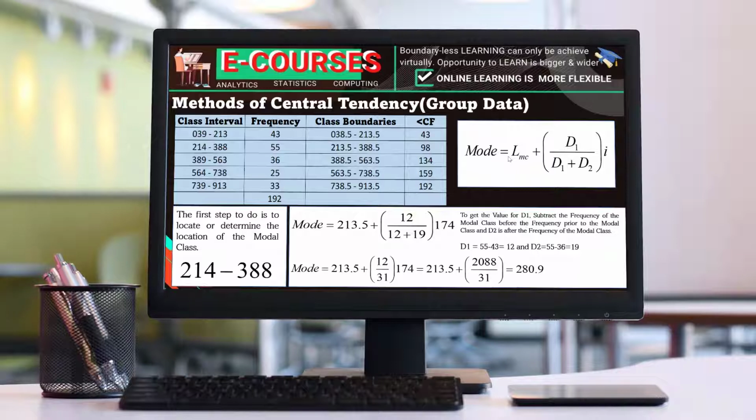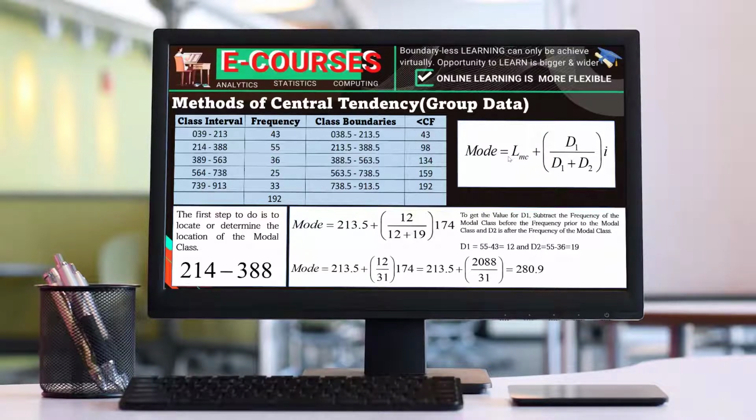Then add that to 213.5. The mode of the distribution is 280.9, or simply 281. Again, the mode is located in the class interval of the modal class.